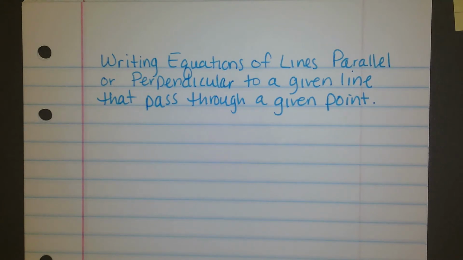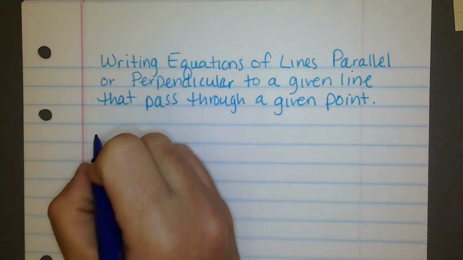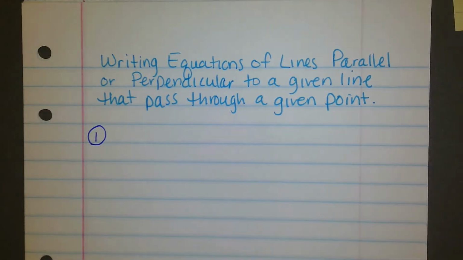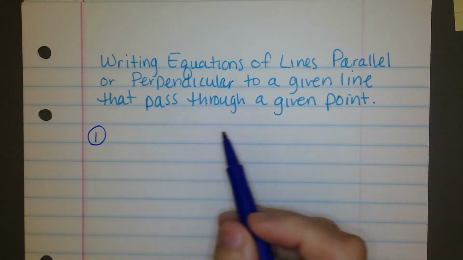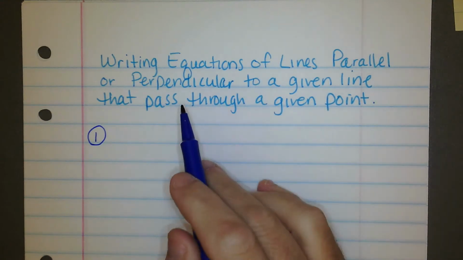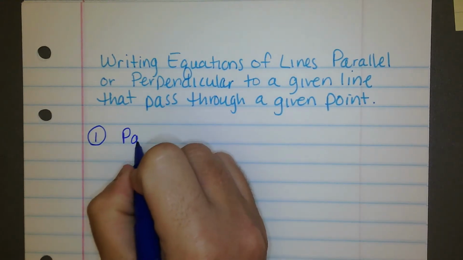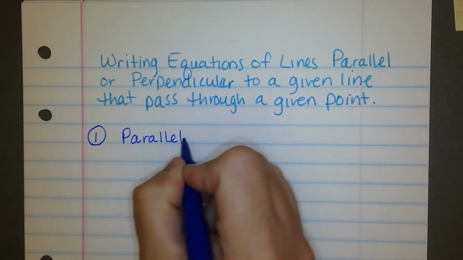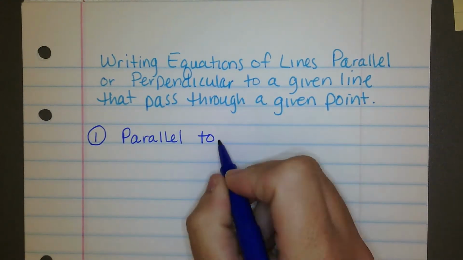So let's get started. The first one we're going to do is a parallel. And basically the wordage is going to be write an equation of a line parallel to, and I'm going to give you the line.